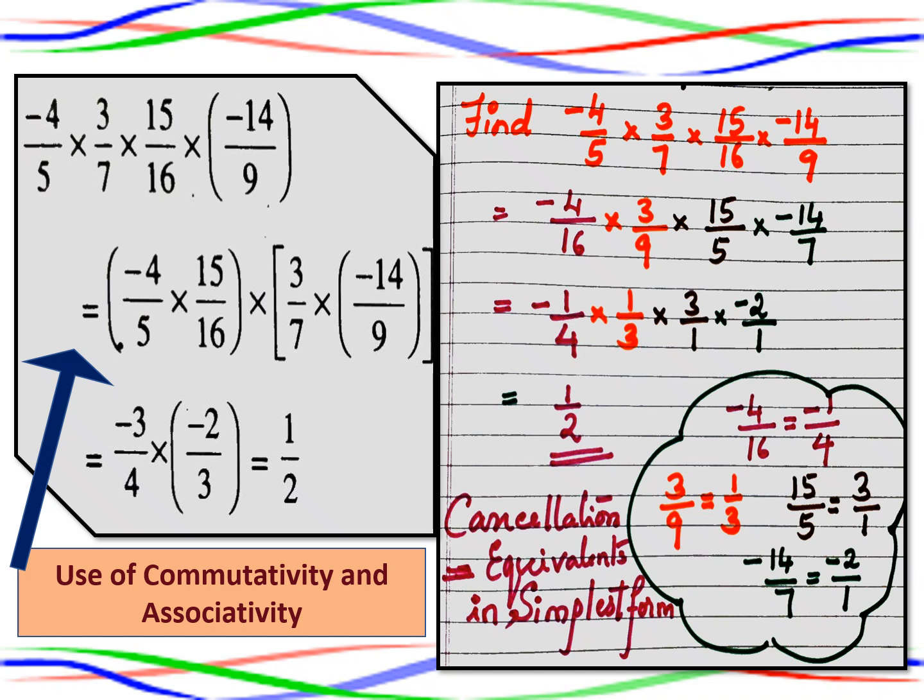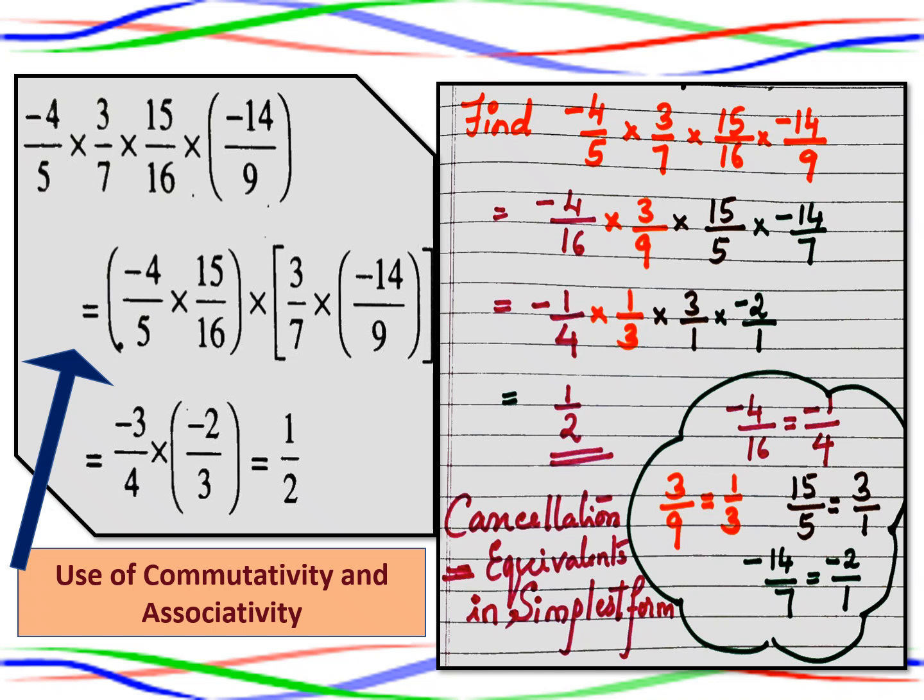First two when multiplied, 5 and 15 get cancelled and 4 and 16 cancelled, we get minus 3 by 4. Similarly the second bracket when simplified we get minus 2 by 3. 3 and 9 cancel, 7 and 14 cancel. So finally when multiplied again we get half, 1 by 2. The same we did that time when I showed simplest form.